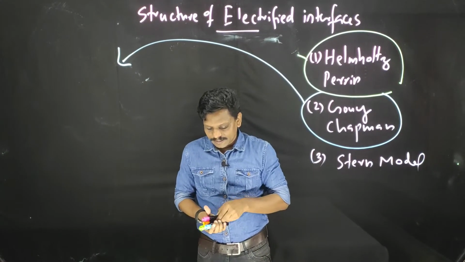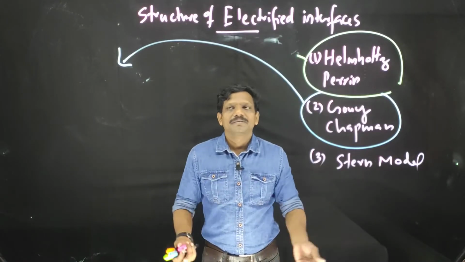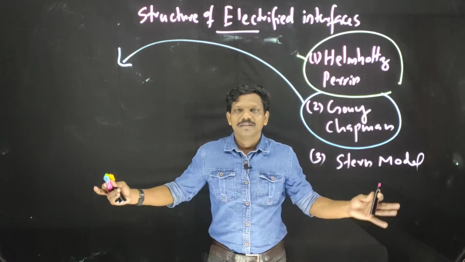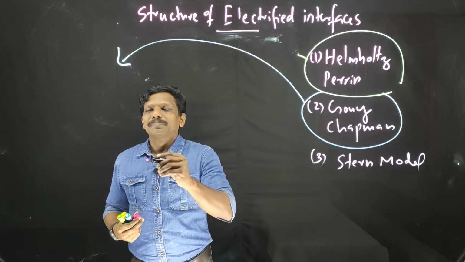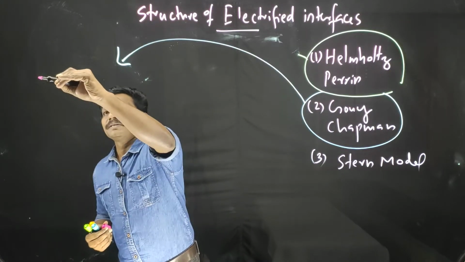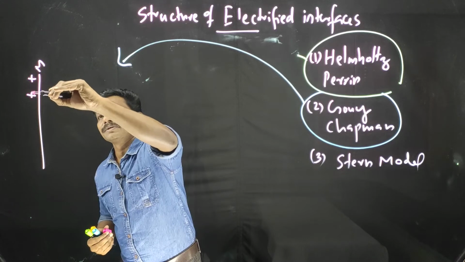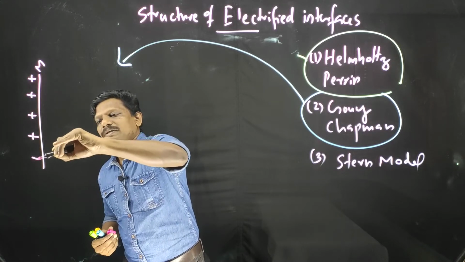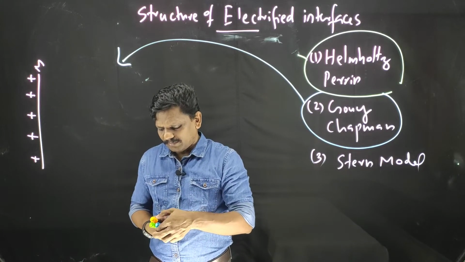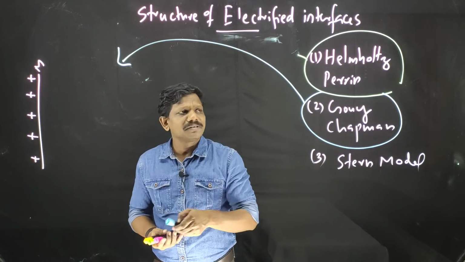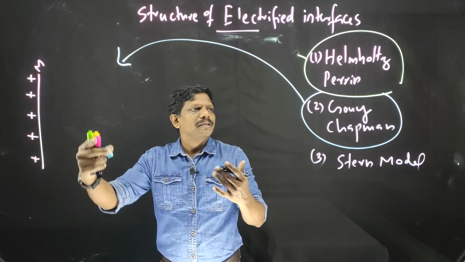I told you that Gouy Chapman actually freed the system. That means it is more flexible compared to the Helmholtz-Perrin model. Suppose your metal is here, with positive charge. He can say that there may be some OHP layer, but it is not a rigid layer.